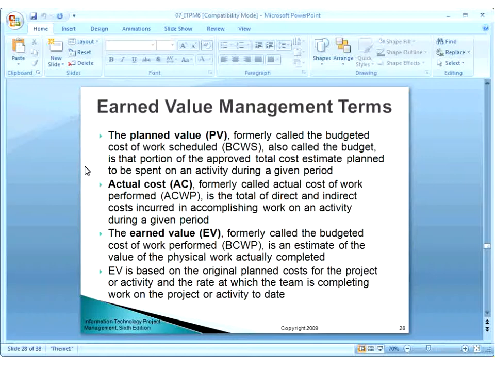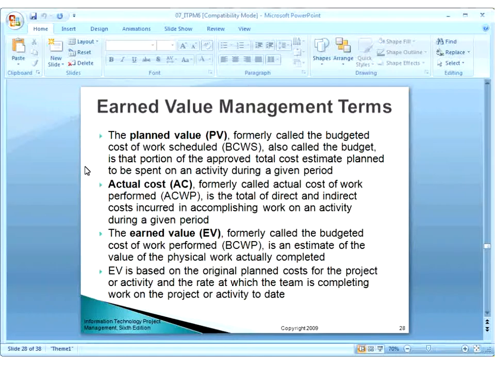The earned value, which was formerly called budgeted cost of work performed, BCWP, is an estimate of the value of the physical work actually completed. So what is the value of the work which is completed? It is based on the original planned cost for the project or activity and the rate at which the team is completing work on the project and activity to date.